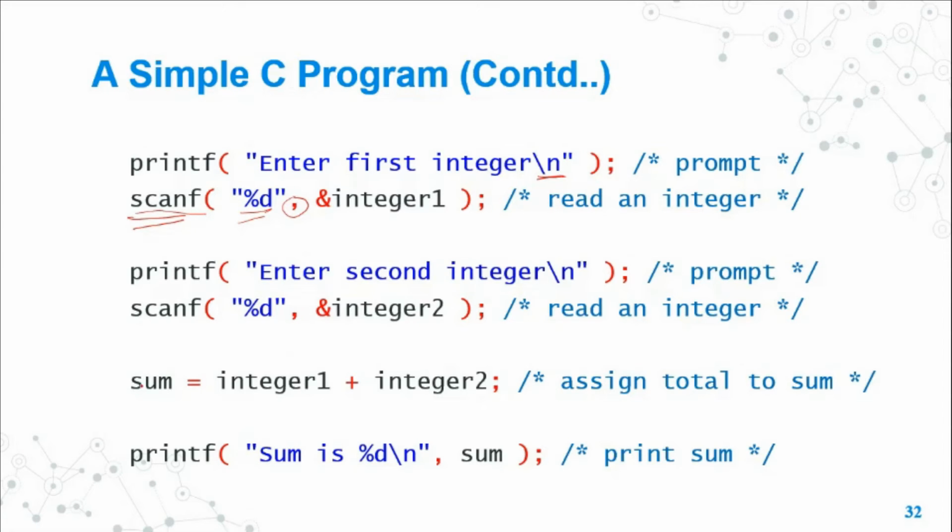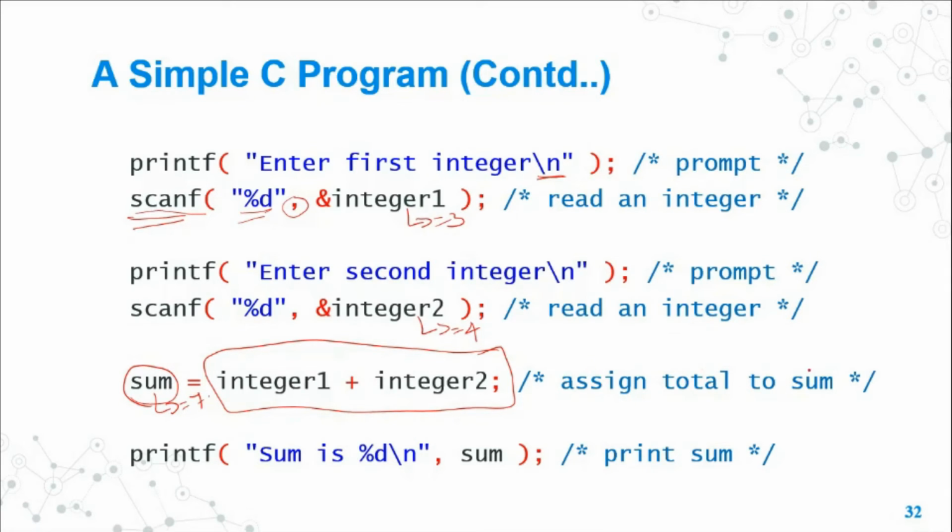So sum equals integer 1 plus integer 2: this statement adds the two values together, and that value is assigned to the variable sum. Say we take integer 1 as 3 and input integer 2 as 4. Then 3 plus 4 is 7, and sum will be equal to 7.